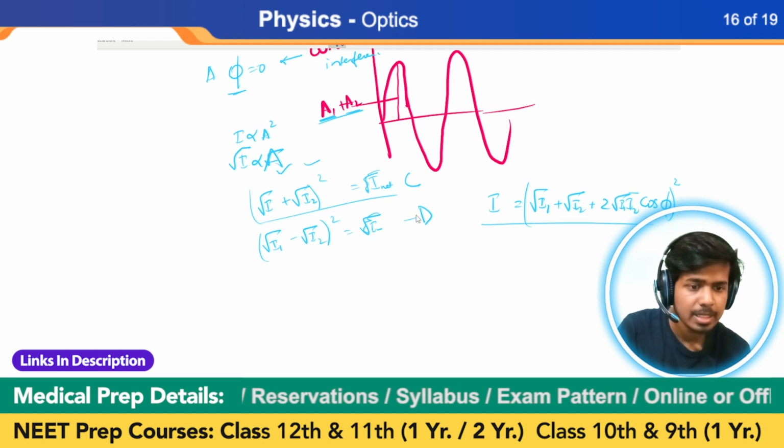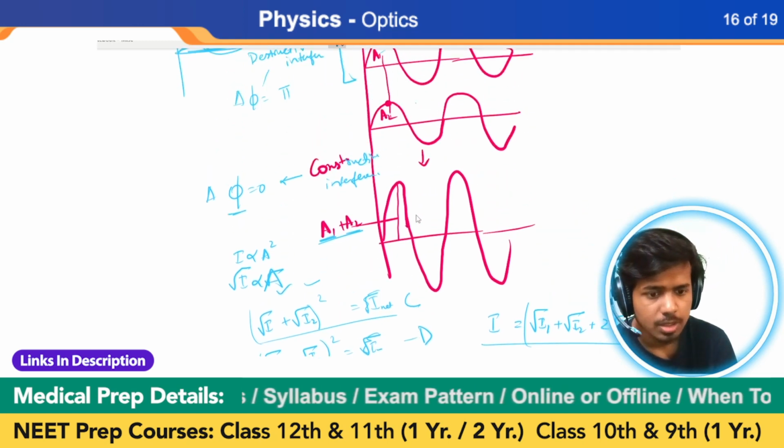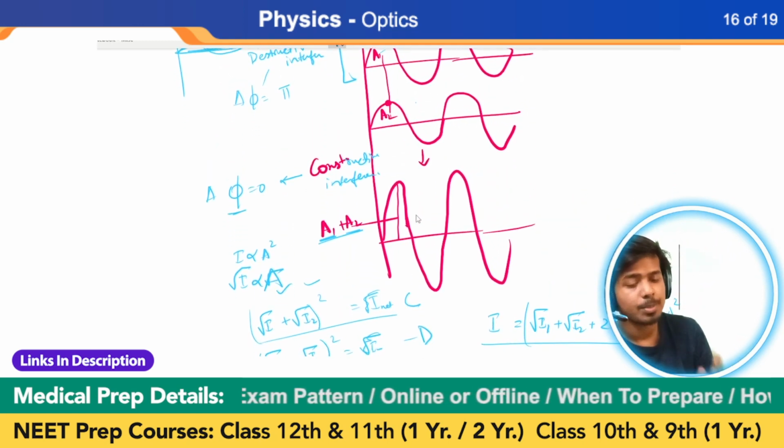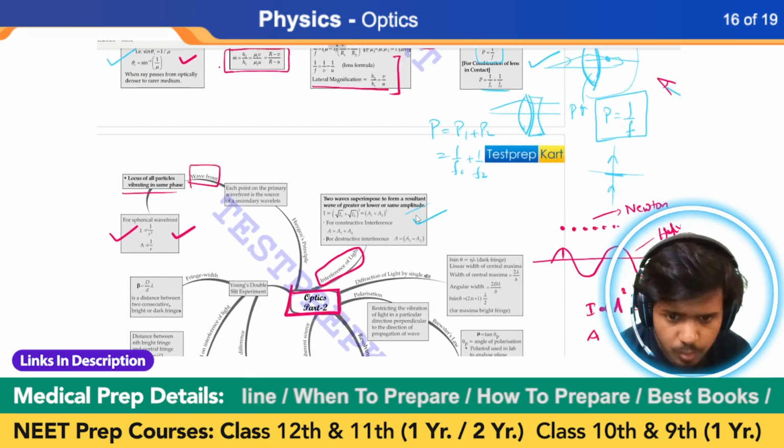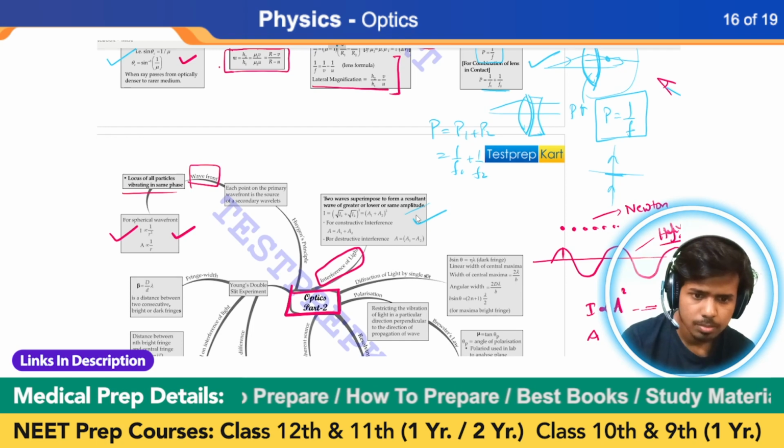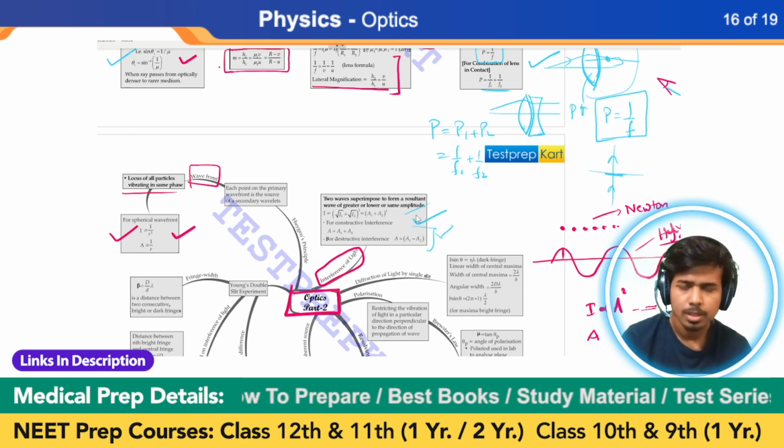This is going to be the intensity for any type of interference. This is what I talked about. I already covered this one.